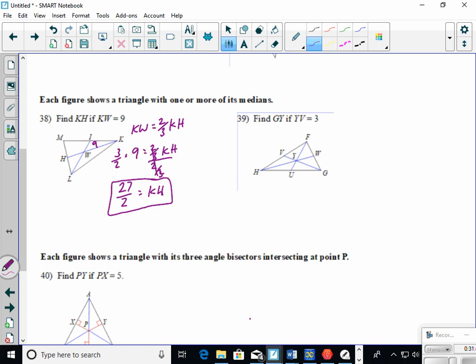And then 39, find GY if YV equals 3. So if that length is 3, what is the length from here to here?